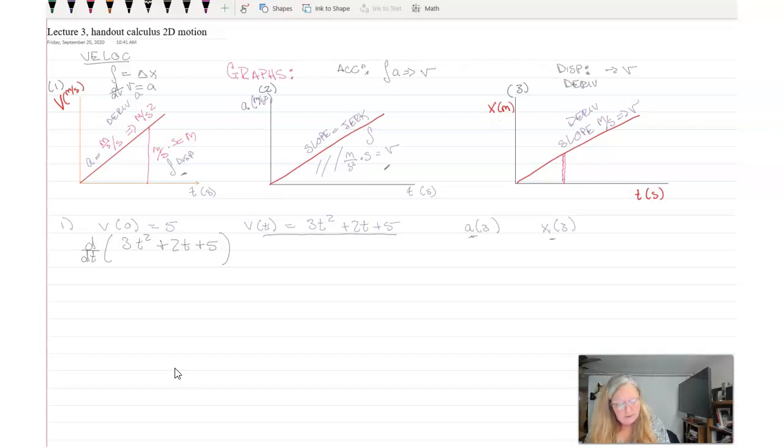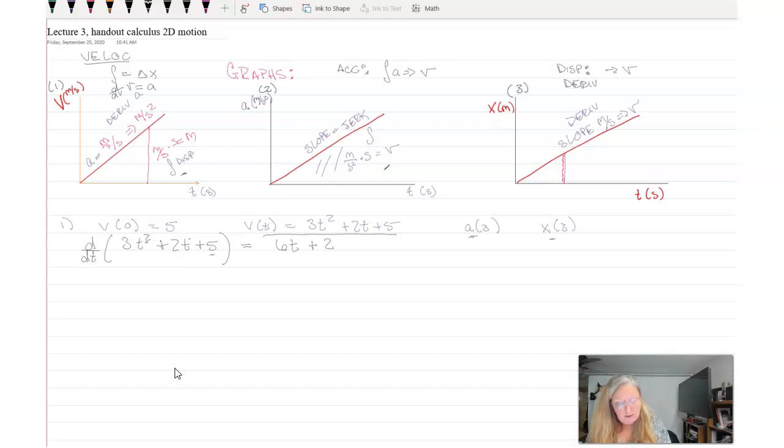Remember, I'm going to pull the 2 down, so that's going to give me 6 times t. This 2 minus 1 just gives me a 1, so that stays the same. And then plus, well, this t here has just a 1, so nothing comes down, just 1 times 2. And then 1 minus 1 is 0, so the t goes away, so it's just 2.